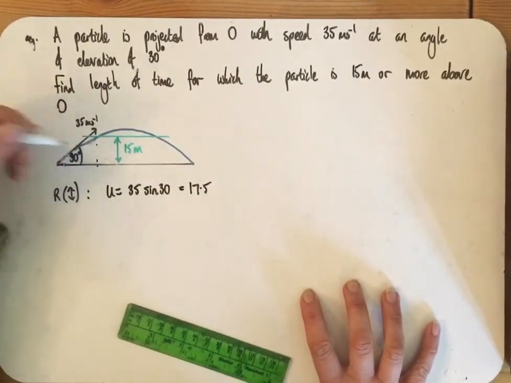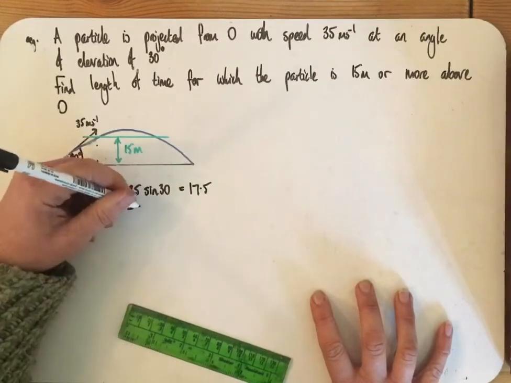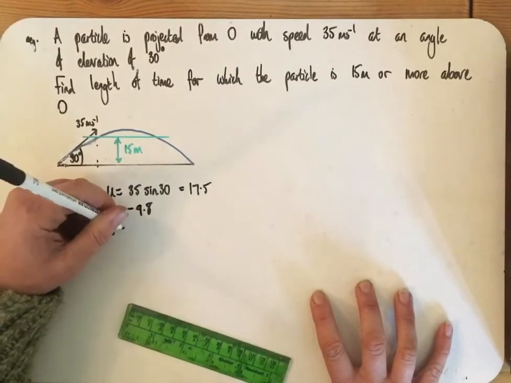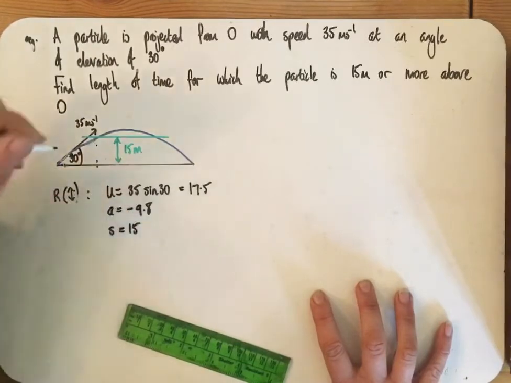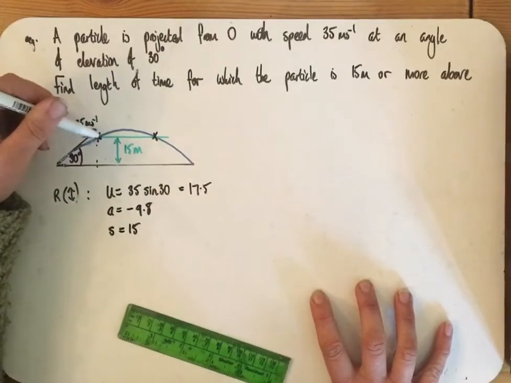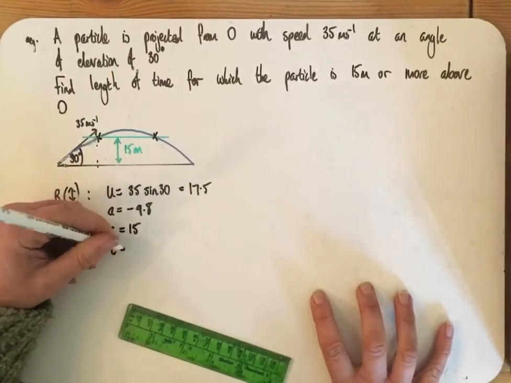So 17.5 vertically. A is negative 9.8. S is 15. So we can find the times where it's at 15. Then the length of time it's above 15 will be between the two. So that's kind of where we're going with this. And we're looking for T.